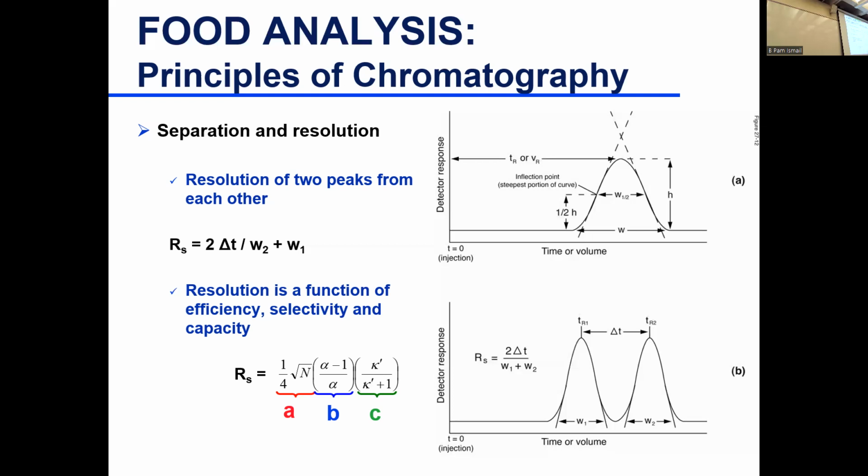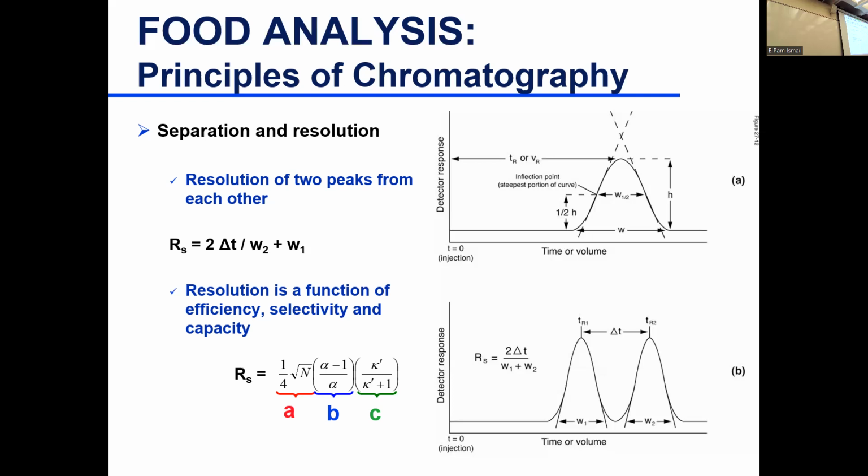And then alpha is the factor that we just talked about, the adjusted retention time of peak 2 over the adjusted retention time of peak 1.